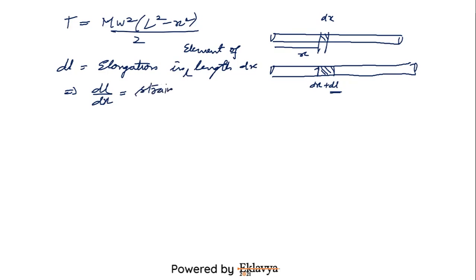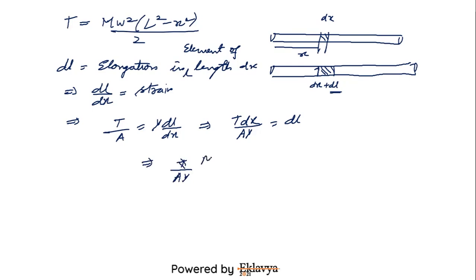Which would mean that tension by cross-sectional area is equal to Young's modulus into dl by dx, which would mean that T dx by AY is equal to dl. Now instead of T we can write m omega square by 2L into (L square minus x square) into dx by AY, equal to dl.